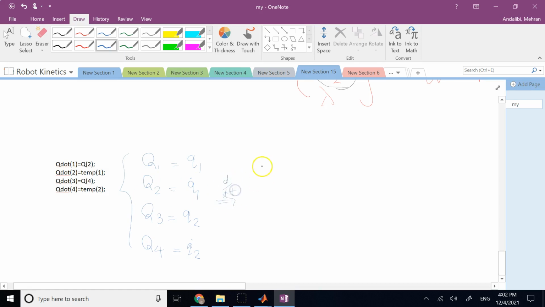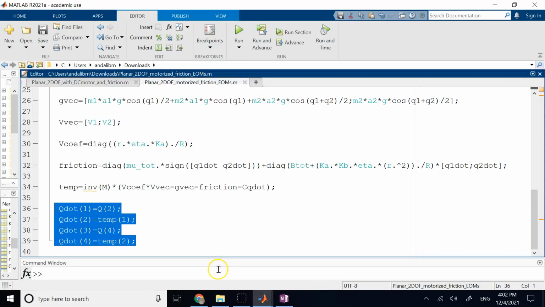If I take a time derivative, now I have the time derivative of the first one, which is Q1 dot, and Q1 dot is Q2. The time derivative of the second one is Q2 double dot, and Q2 double dot is, based on our code, the first element in that temp, because this temp has both of your Q double dots in it. So the first element in it is basically what? Q2 double dot 1.